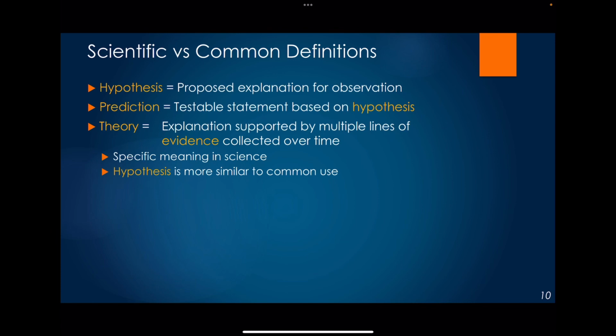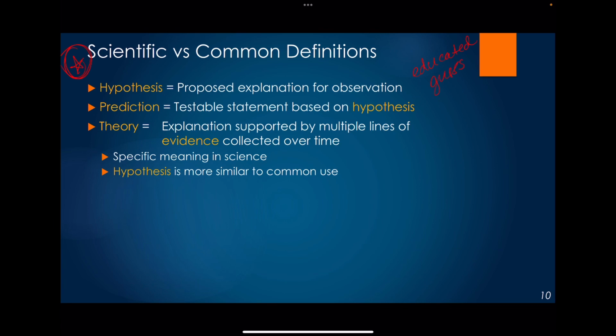Okay, so here are just some definitions for you. I'm going to also put a star here so that you can take a look at your vocabulary. You might have noticed I already mentioned the word hypothesis. Hypothesis is the proposed explanation for an observation. In high school, you might have heard it called an educated guess, right?